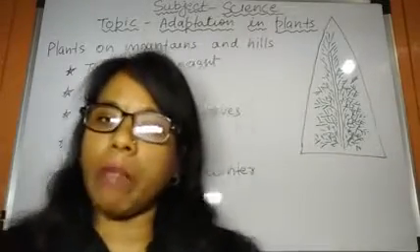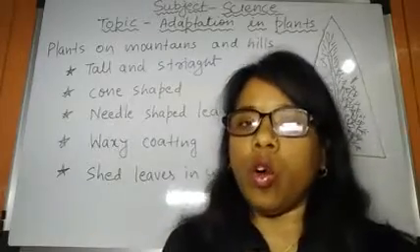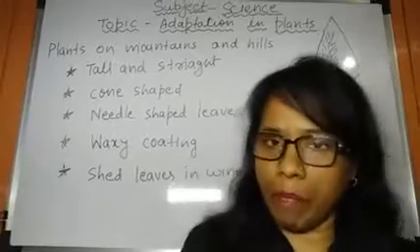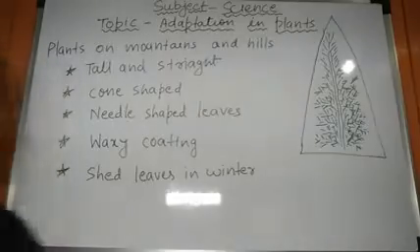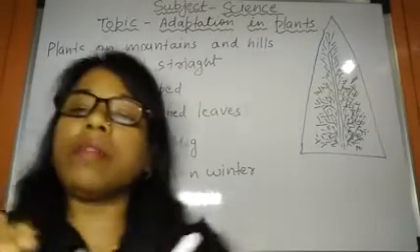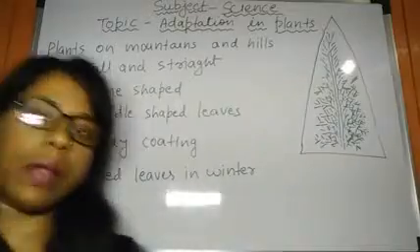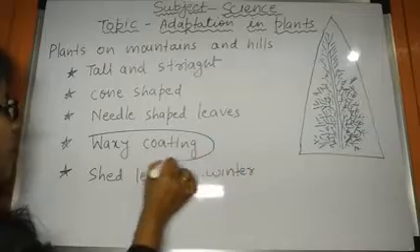So why does it happen? In mountain regions, it is very cold weather and many times snowfall also happens. So when snowfall happens, plants need to protect themselves. So how can they protect? That is why there is a waxy coating.